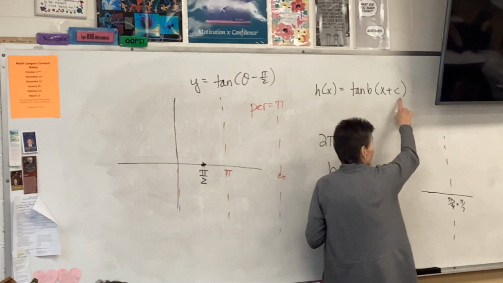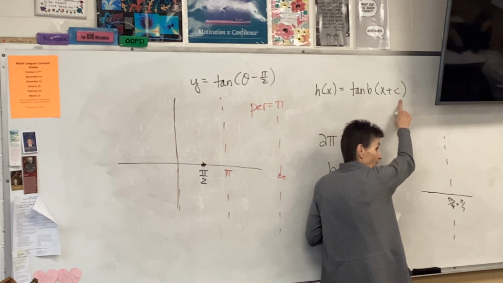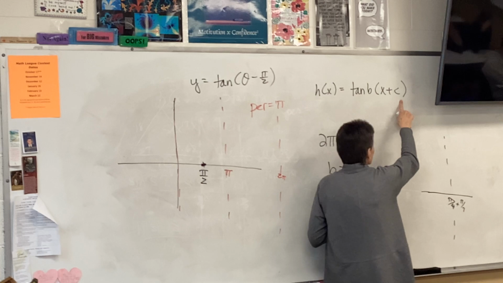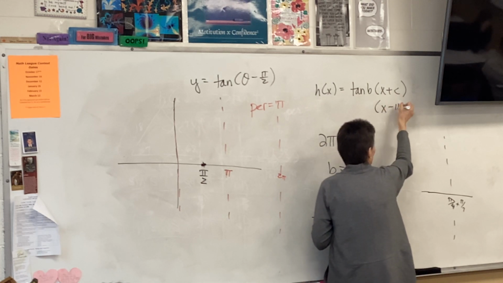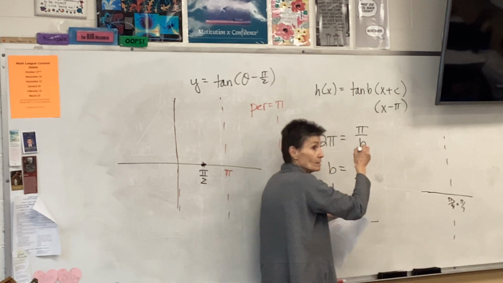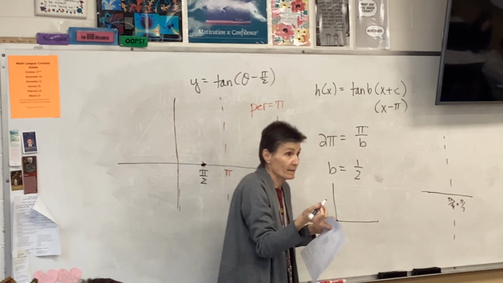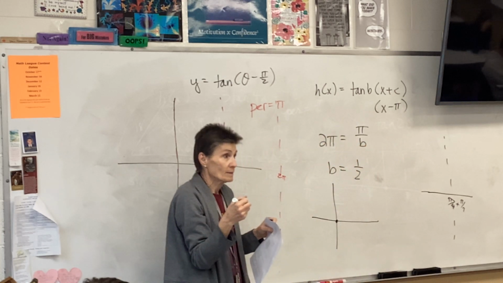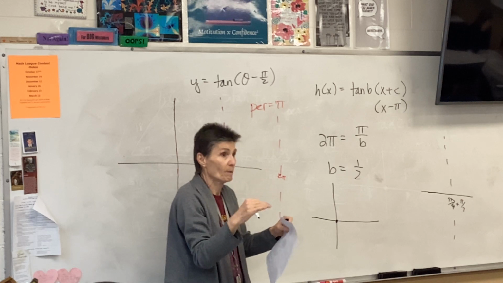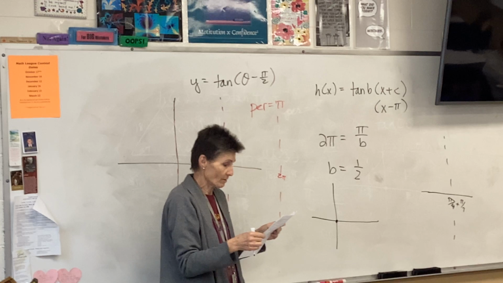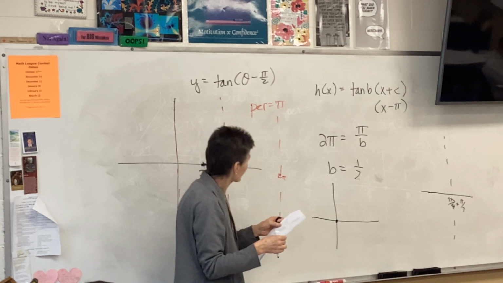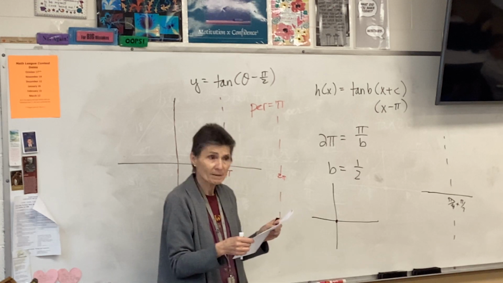So what do I put here? It went pi to the right. So what is my C? What would be in the parentheses here? x minus pi. So what's your C value then? Negative pi. Now it doesn't mean your phase shift is negative pi, it means your C value is negative pi. So which one matches all that? Do I have one that does that? B? Problem B? Or answer B?